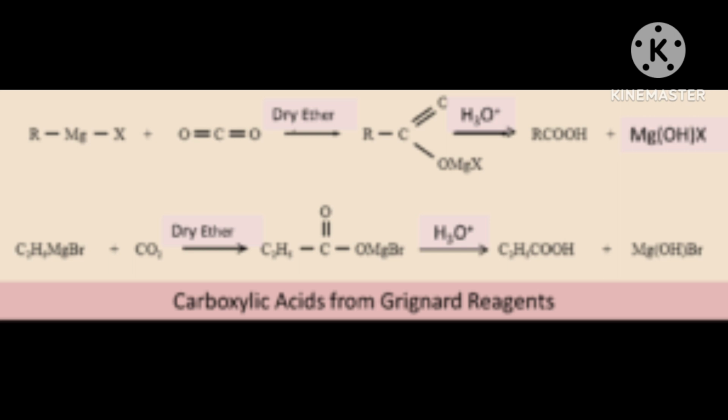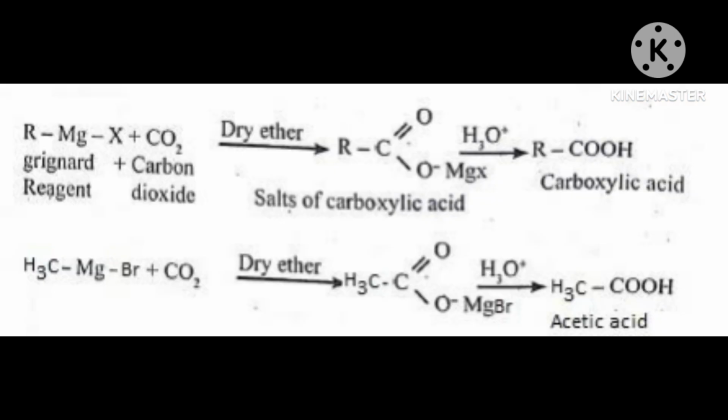Now these two methods, from nitrile and amide and from Grignard reagent, are both useful for converting alkyl halide into the corresponding carboxylic acids having one carbon atom more than present in the alkyl halide. Correct? Means ascending the series.